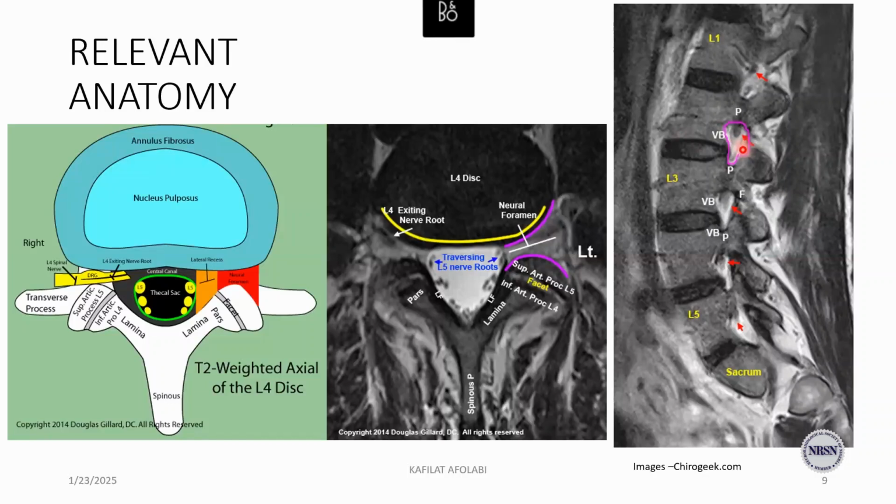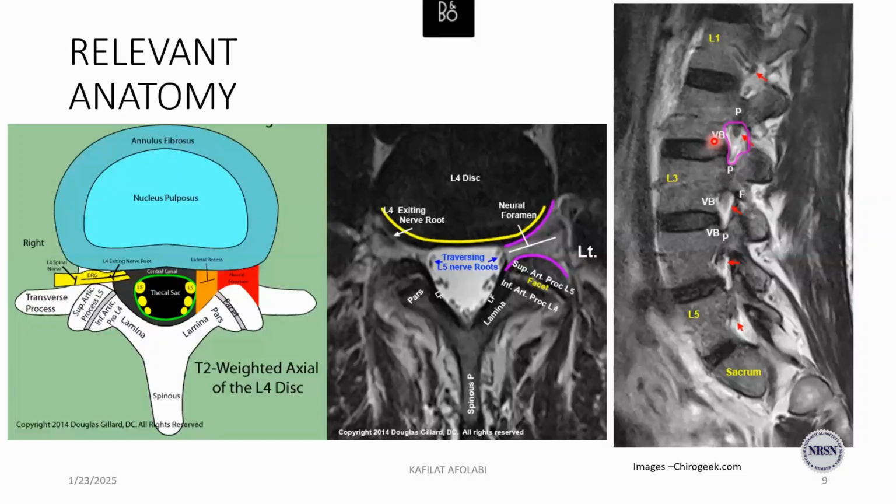So the exiting nerve root is usually surrounded by hyperintense fat, and we can see the neural foramina. P is the pedicle. We can see that the superior and inferior relations are the pedicles, and also intimately related posteriorly is the superior articular facet of the vertebra below, and inferior articular facet process rather of the vertebra above.